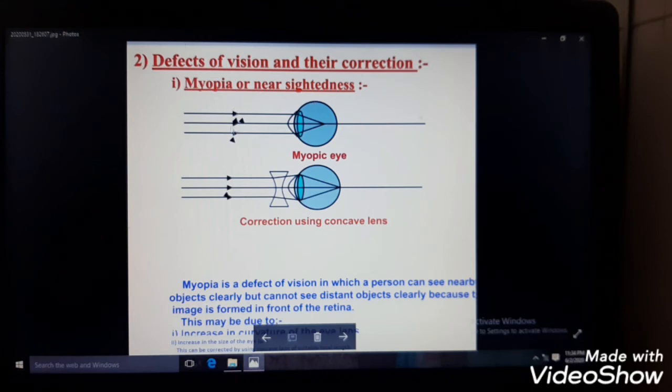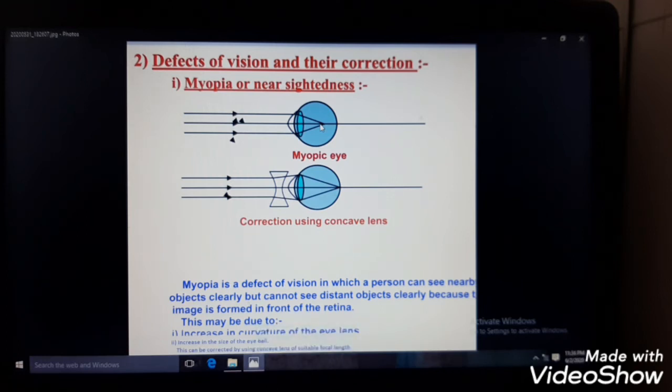In that case, when the object is kept at infinity or very far from the eye, the eye lens becomes short, and because of that its focal length decreases, and it forms the image before the retina only. This is the retina, but it forms the image here only. So the person is not able to see things clearly.